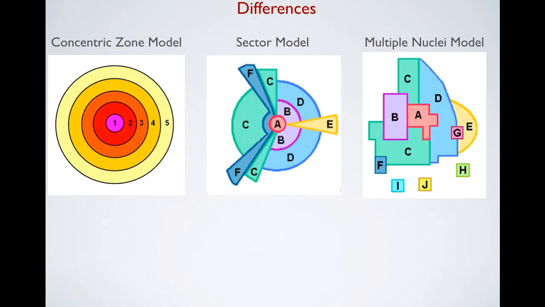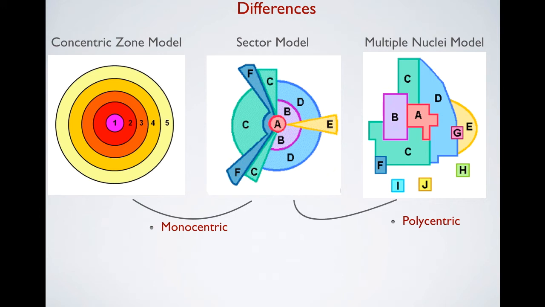Now let's talk about the differences between these three types of models. First, both the concentric zone model and the sector model are monocentric, which means both of them have only one center in their models. While the multiple nuclei model is polycentric, which means it has more than one center.